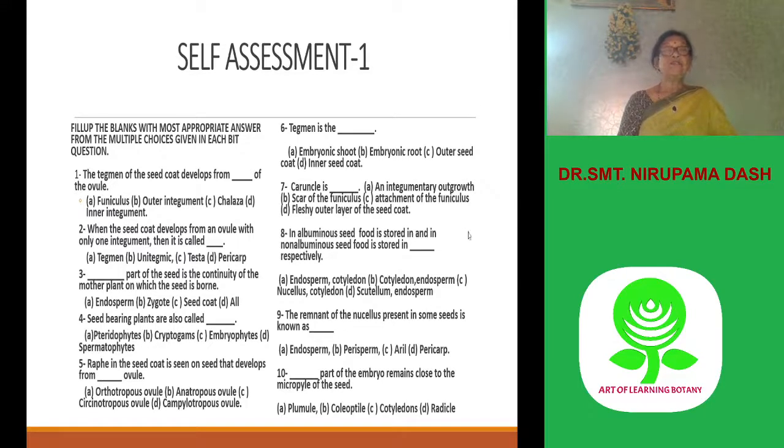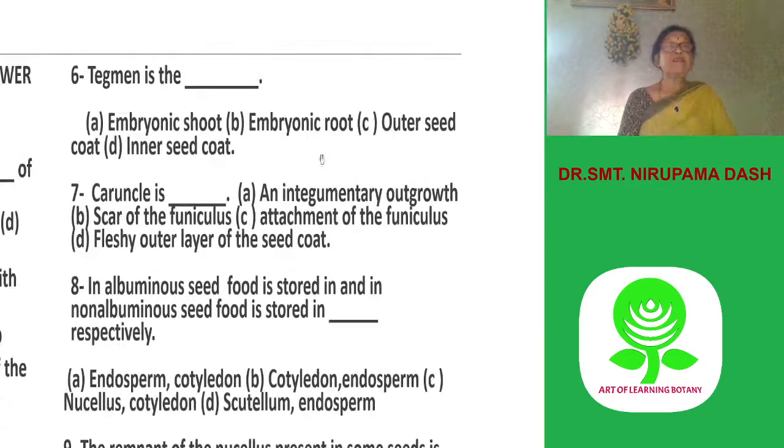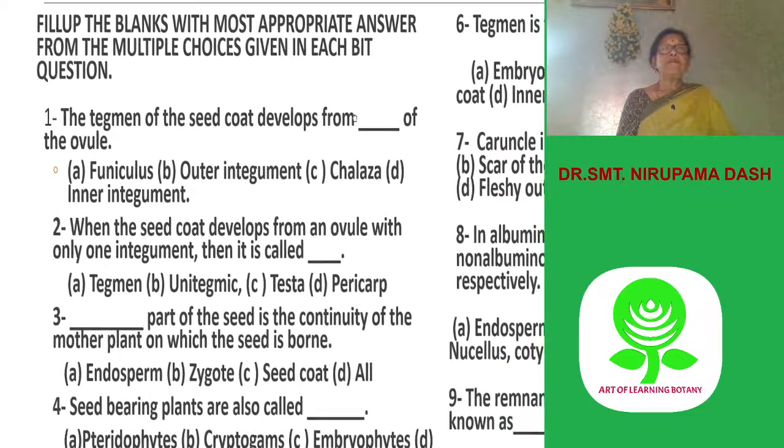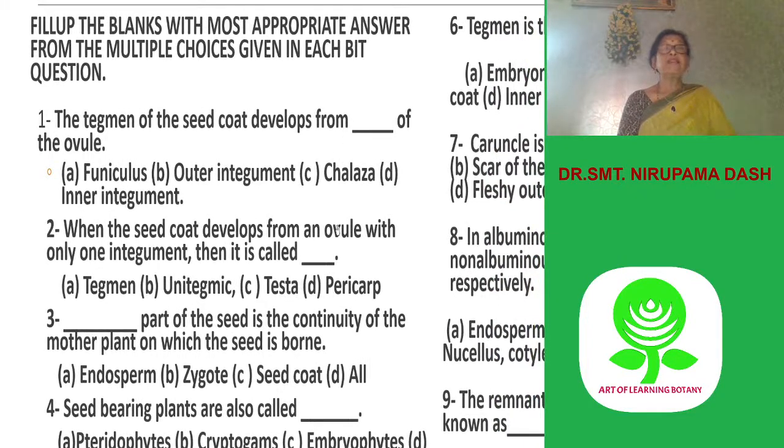Let us see some question and answer. In the first self-assessment, these are the questions. Fill up the blanks with the most appropriate answer from the multiple choices given in each. The tegmen of the seed coat develops from dash of the ovule: funiculus, outer integument, chalazal, inner integument.